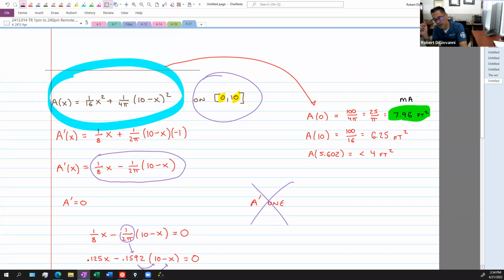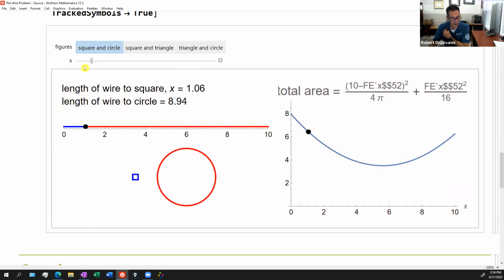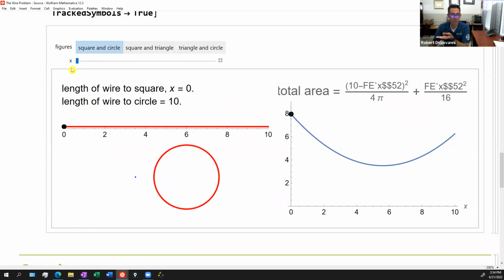The maximum area we get is if we do a cut at 0, right? A cut at 0 is when we get the most area. And a cut at 0 corresponds to this scenario. All circle. Okay, all circle gives us the most area.